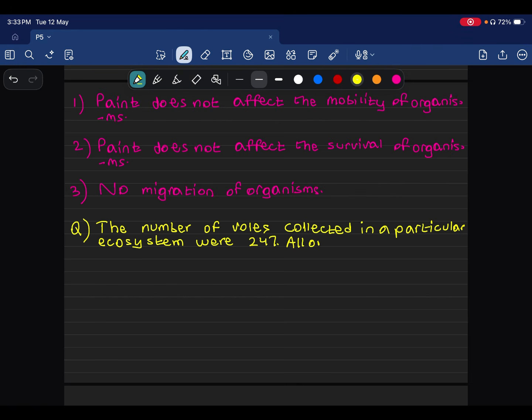All of these voles were marked with a non-toxic paint and then released.